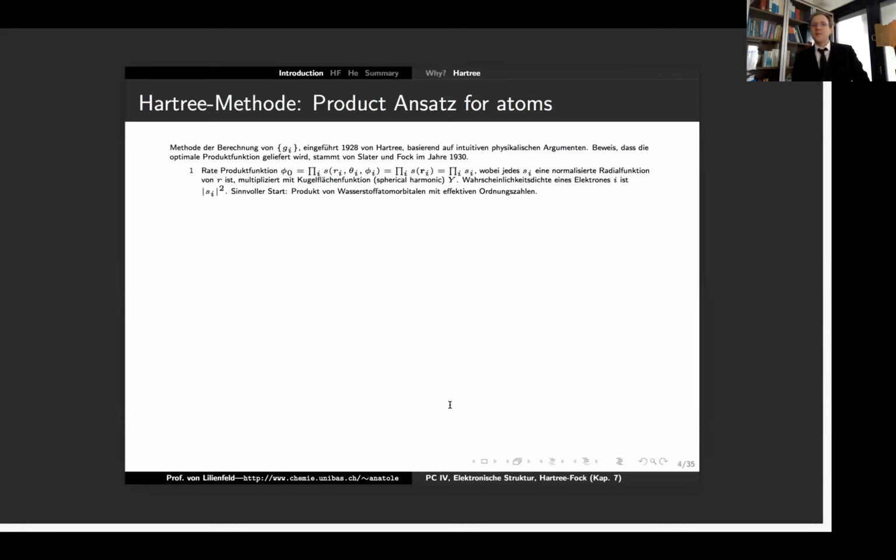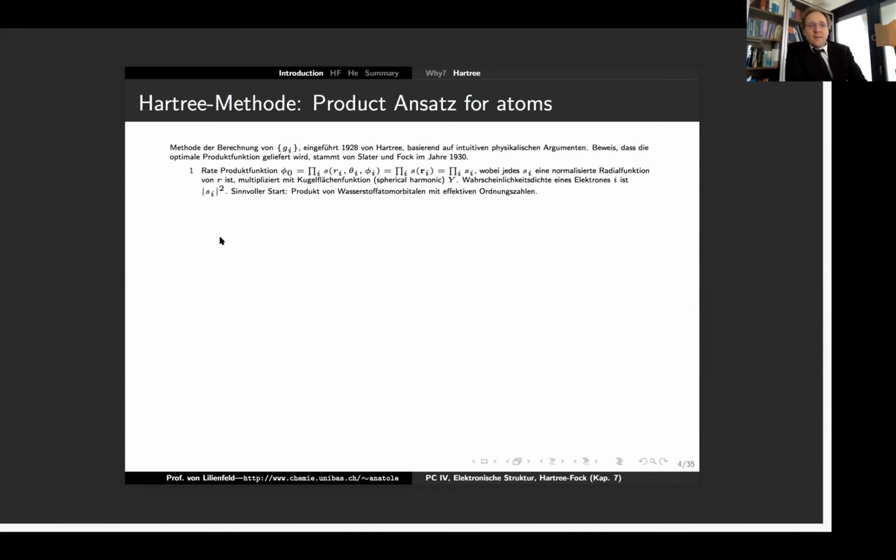So the Hartree method then is really this idea, introduced by Hartree, that you rely on this product ansatz, and you can find the best possible product function through the variational principle as we discussed.